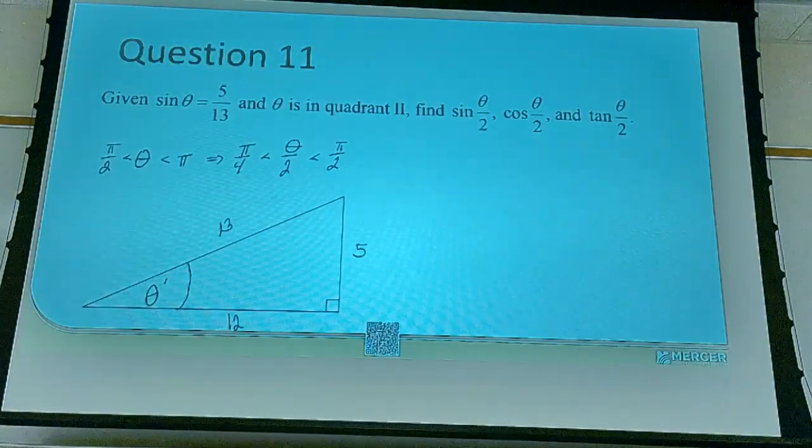You should recognize this is a 5, 12, 13 right triangle. I actually am not going to need sine of theta. You can get away with just cosine in the three half angles.